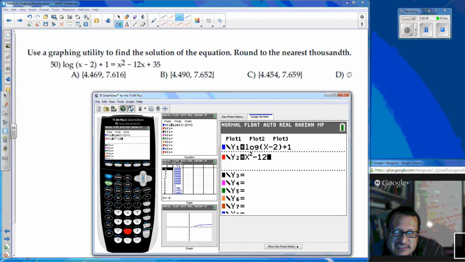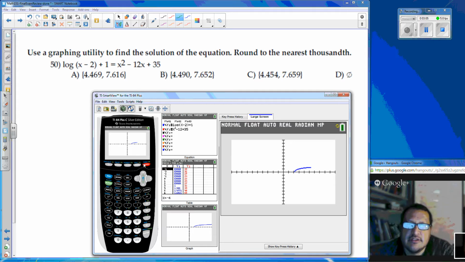That's (x minus 7) times (x minus 5). So maybe there's some way to do it, but I can't think of one off the top of my head. We graph it, and we want our answer to the nearest thousandths.